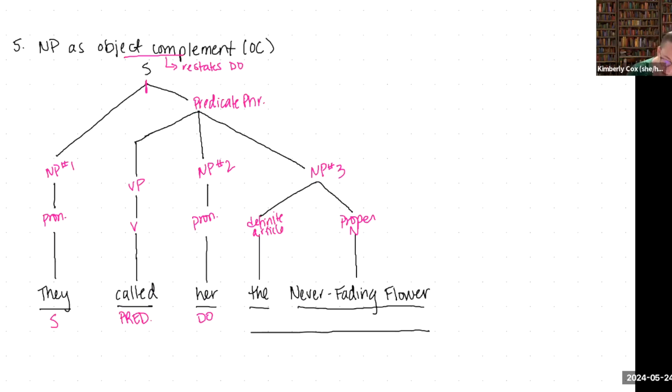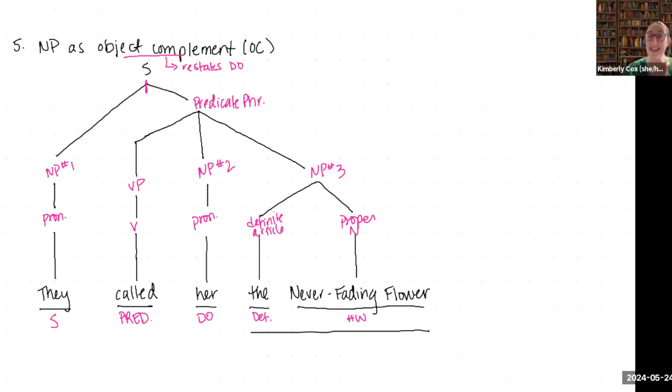The functions like a determiner. Never fading flower functions as the head word of our noun phrase, but they called her the never fading flower. So we could also say they called the never fading flower, right? It's not a prepositional phrase, it's not a participle phrase. It's a simple, straightforward noun phrase that gives us more information about her, our direct object.